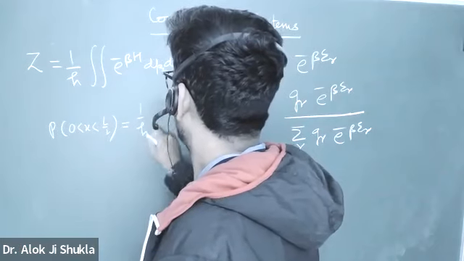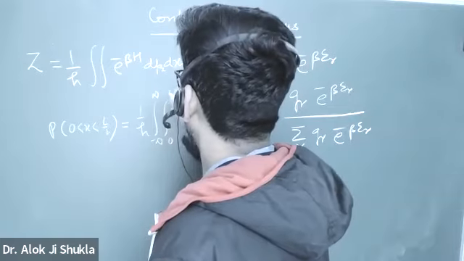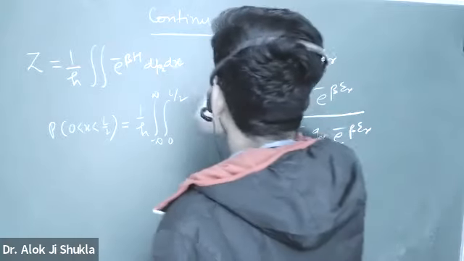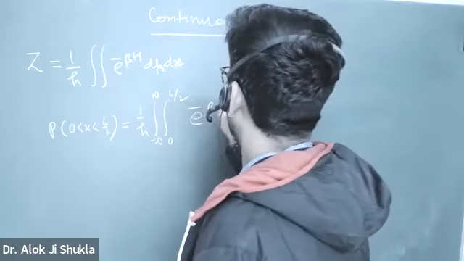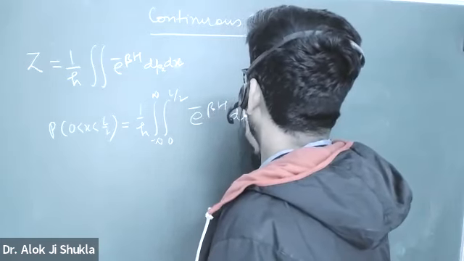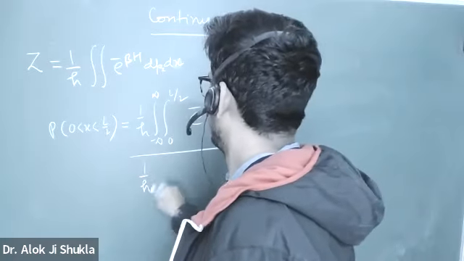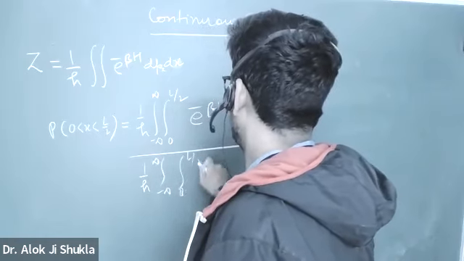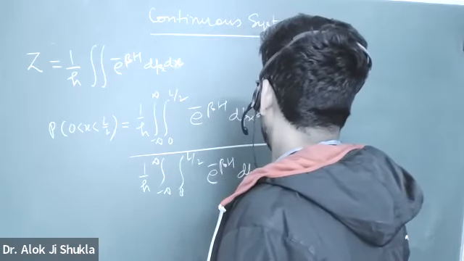1 by h integral minus infinity to plus infinity is for momentum. 0 to L by 2 is for length. Suppose you want to know the probability between length, and you will write here e to the power minus beta H dpx and dx, and over the total one, integral minus infinity to plus infinity, 0 to L by 2, e to the power minus beta H dpx and dx.